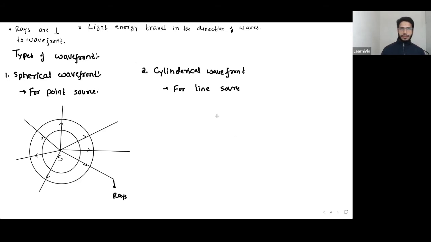So if you have a line source, then the shape of the wavefront is cylindrical.